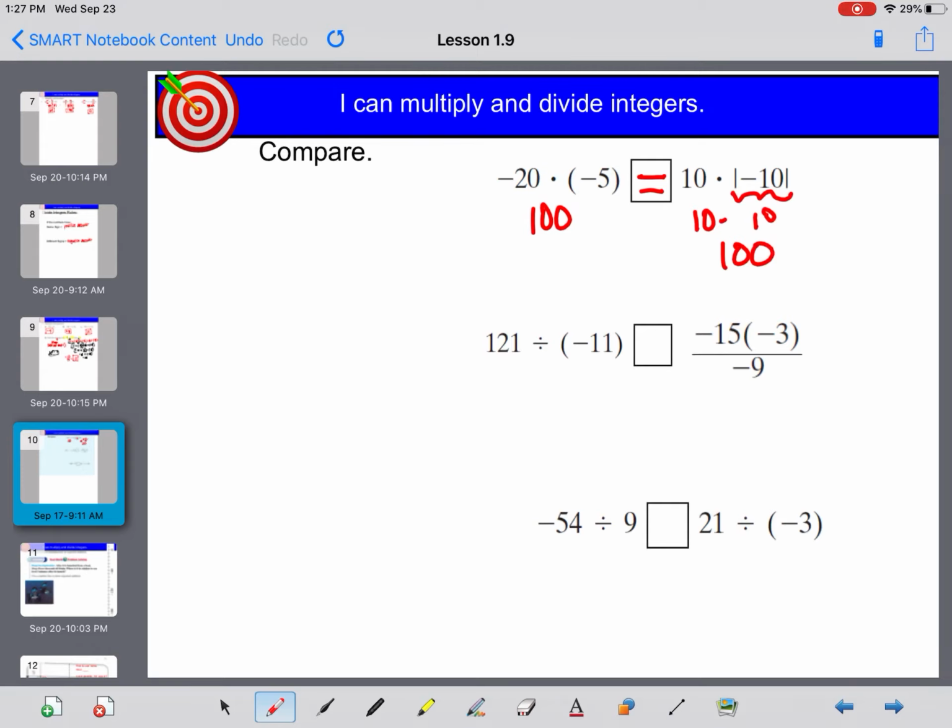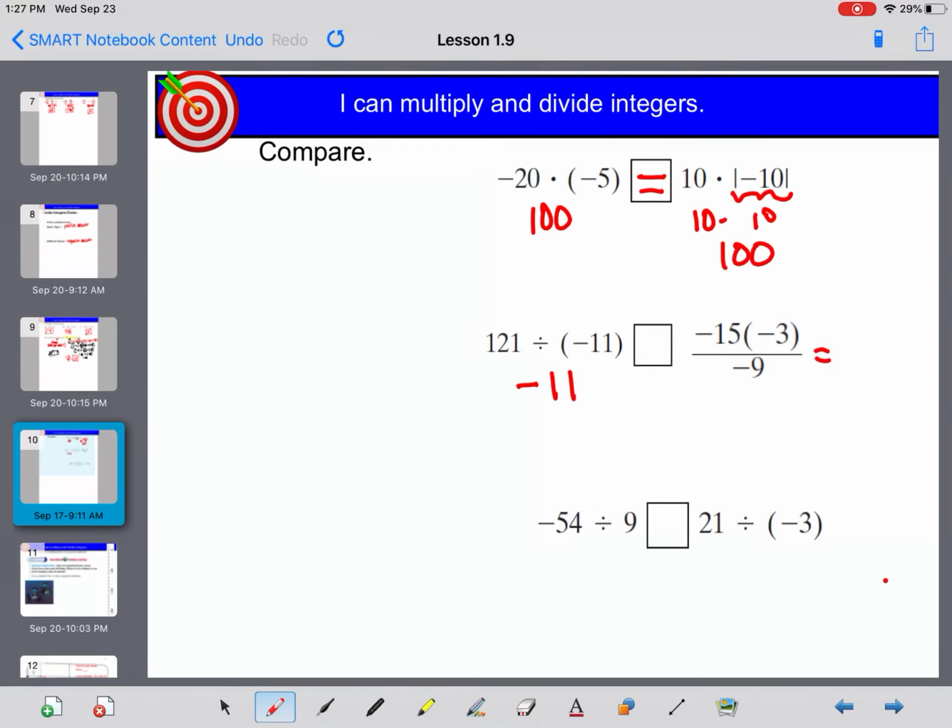The next problem, 121 divided by negative 11. A positive divided by a negative is a negative. The signs are different, so my answer is negative 11. Now, the top, I learned this during chapter 1, that a fraction bar is really a grouping symbol. So I need to simplify the numerator before I can do any dividing.